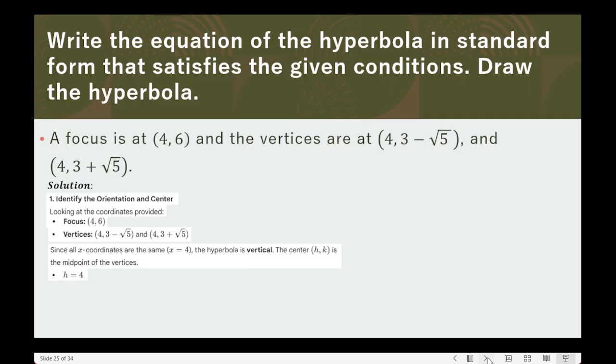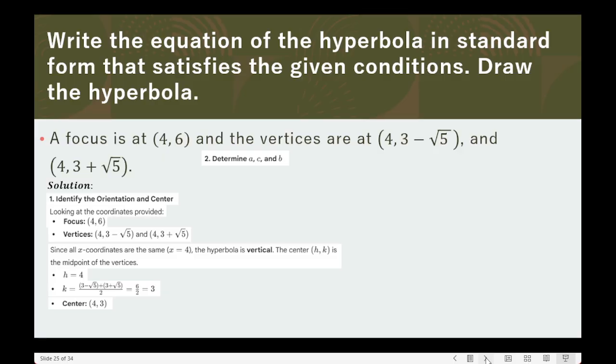Therefore, h equals 4. To get k, we get the average of the y coordinates of the two vertices, and we get 3. So the center is at coordinates (4, 3).